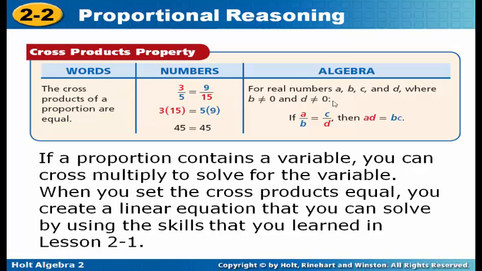For real numbers A, B, C, and D, where B doesn't equal 0 and D doesn't equal 0, if A over B equals C over D, then AD equals BC. If a proportion contains a variable, you can cross multiply to solve for it. When you set the cross products equal, you create a linear equation that you can solve using the skills you learned in 2.1.